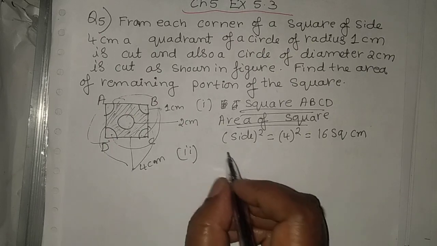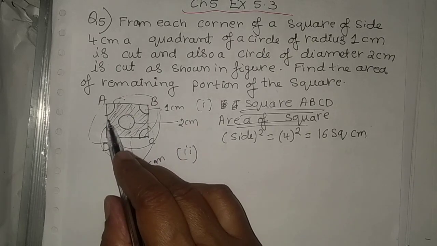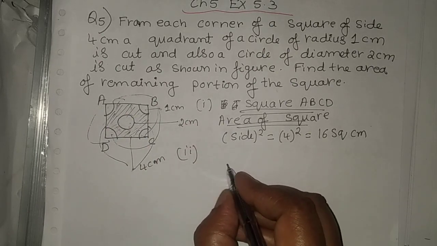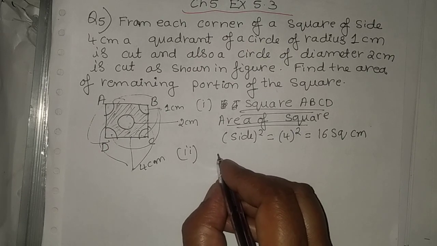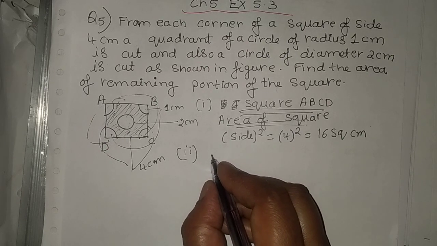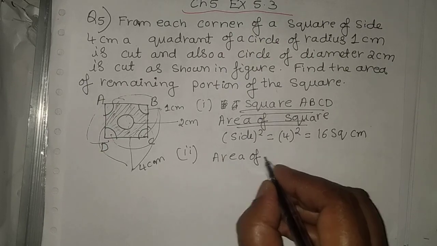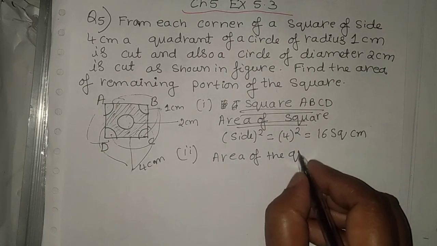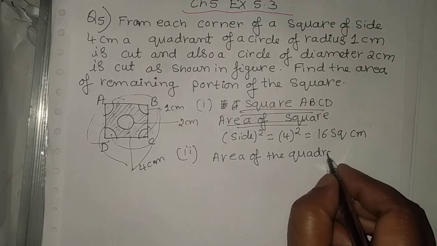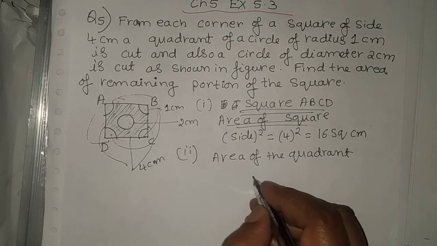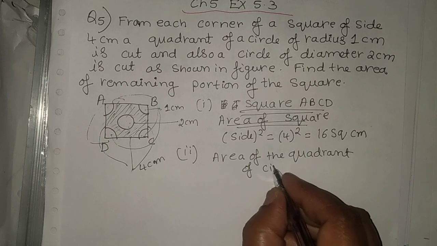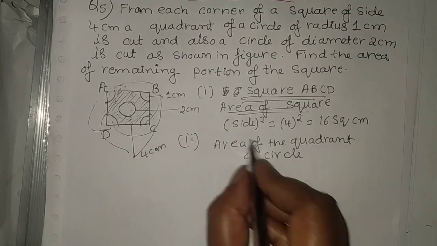Next is the area of the corner of the circle, or area of the quadrant. So I'll write down area of the quadrant. The quarter part of the circle is called a quadrant of the circle. So what are the data here?